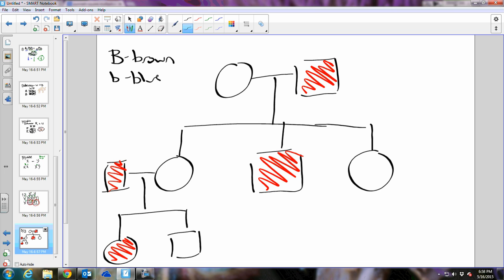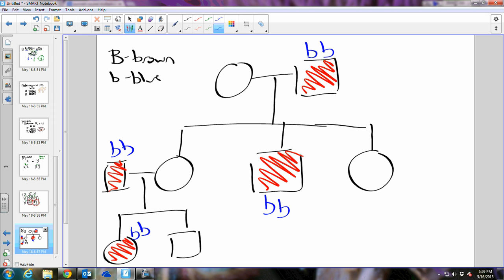And all of these shaded squares and circles have the recessive trait. All right, so we can go ahead and figure out that all of these people are homozygous recessive because they have the trait. Now, what do we know about the other people?